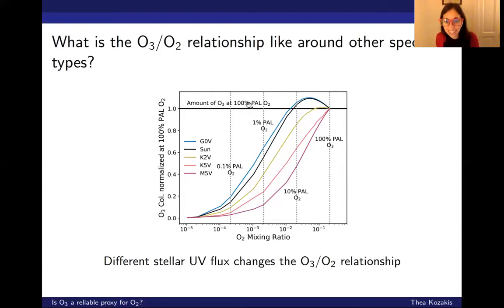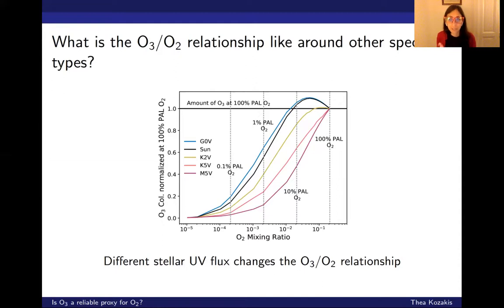You can see here for the hotter stars, definitely the early G star, but also this K2 star a bit, you see the effect where when you do have that initial decrease in the O2 mixing ratio, you do have more O3 for a bit. However, with these other stars, the K5 and the M5 stars, you don't see this effect at all.